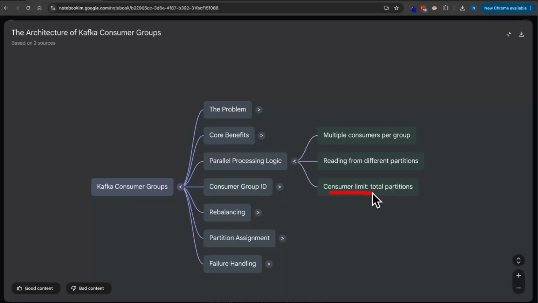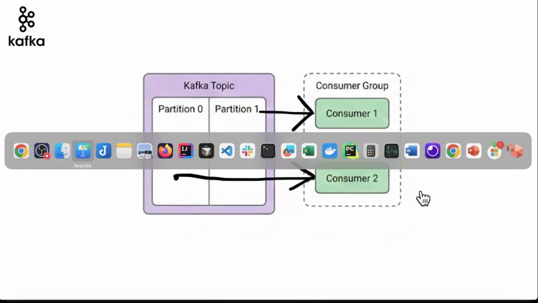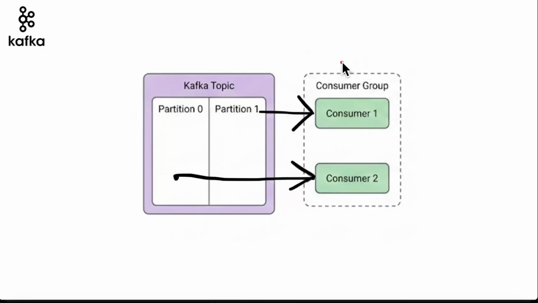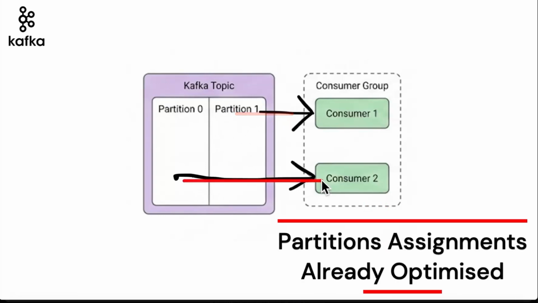What is the consumer limit versus total partitions? In a consumer group, you have consumer 1 and consumer 2. Each consumer will be assigned one partition each. There will never be a situation where you have another consumer that wants to read from one of the partitions, because the partitions are already assigned.